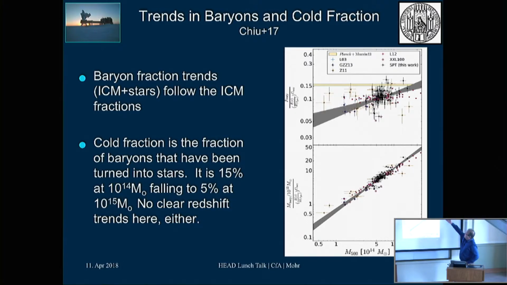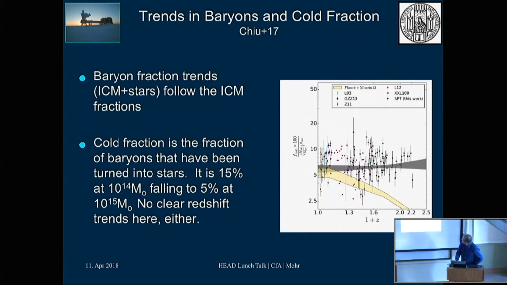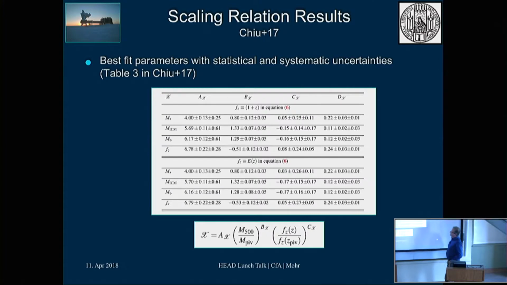Okay, so for baryon fraction, you can see clearly that the baryon fraction is low from our data. Maybe we should read this off the table then. Baryon fraction, you can see that it's changing as 1.29 with mass, and here's the statistical and systematic. The self-similar expectation would be something more like 1, that basically all clusters are about the same.